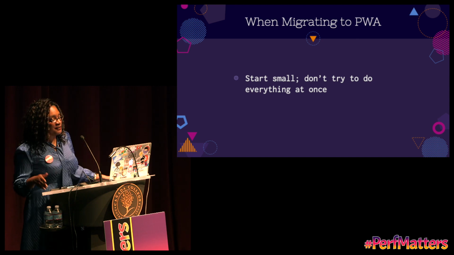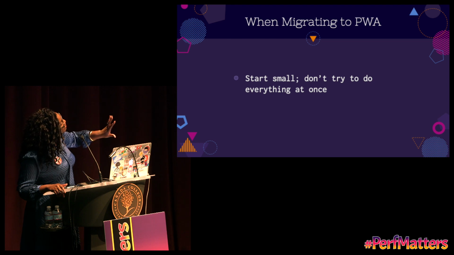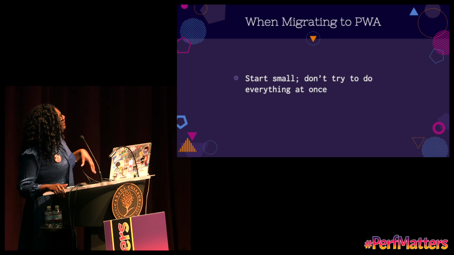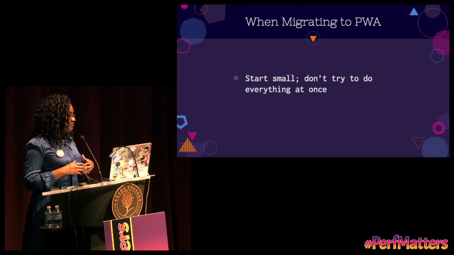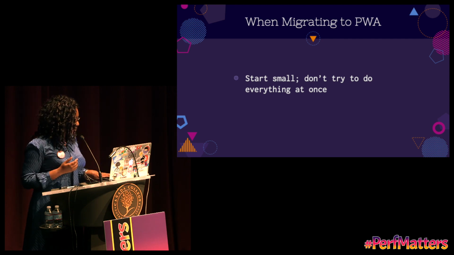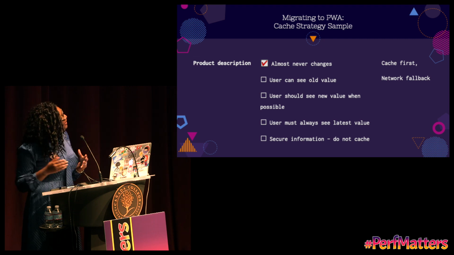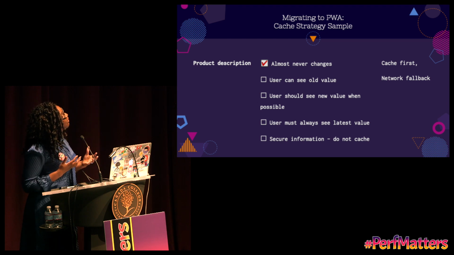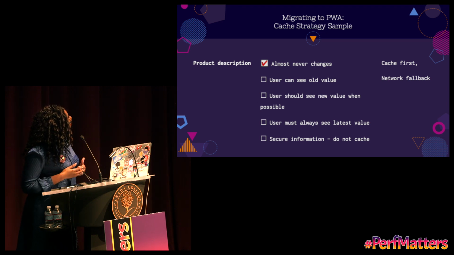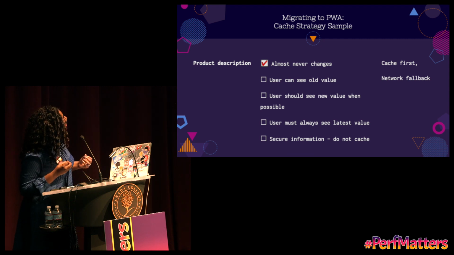One of the first bits of advice, which I mentioned a little earlier, when migrating to a progressive web app, is to start small. Don't try to tackle everything at one time, because you'll get overwhelmed like we were initially. Some other steps you might want to take: be very thoughtful about your caching strategy and determine what needs to be cached and how to cache it.